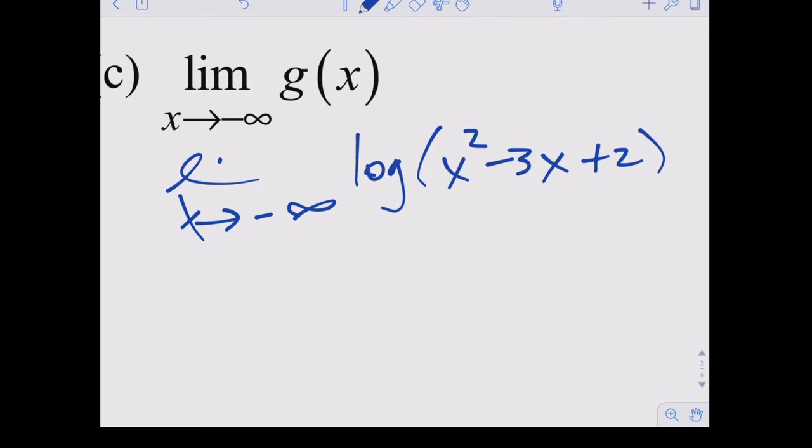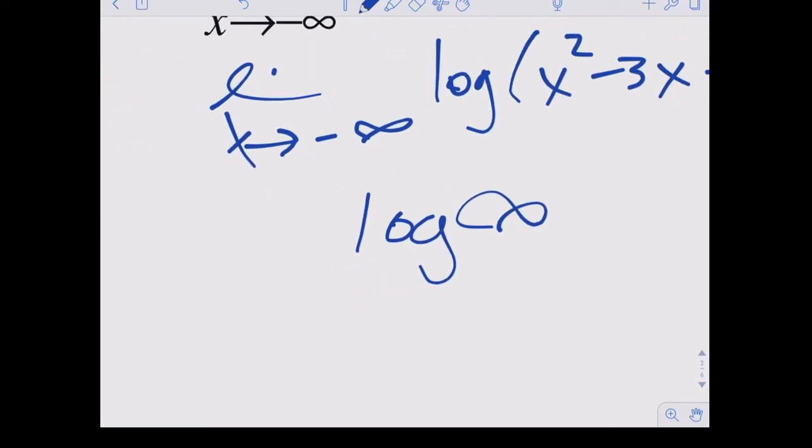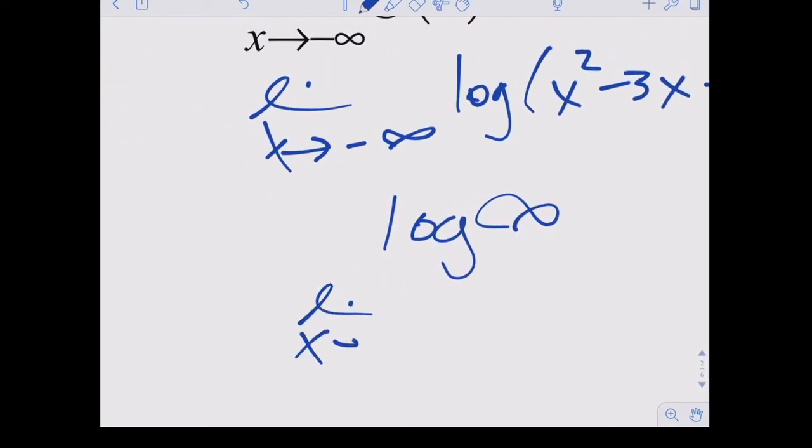Now here's the notation that I saw some people write. And again, this would be the wrong notation for a formal presentation. But for you, if you're doing multiple choice, we all know that we're not actually trying to take the log of infinity, because infinity, in fact, is not a number. But in essence, we know what that means. That means we're taking the limit as x goes to infinity of the log function.